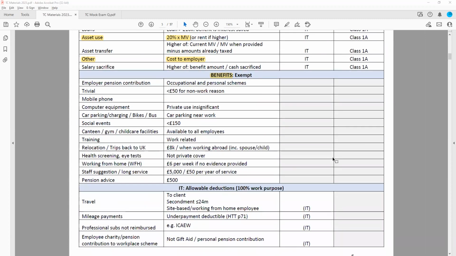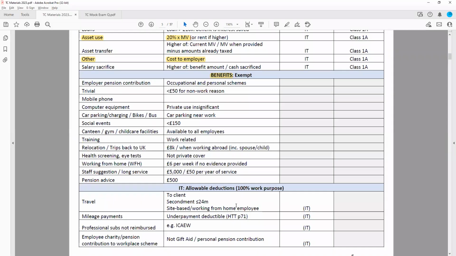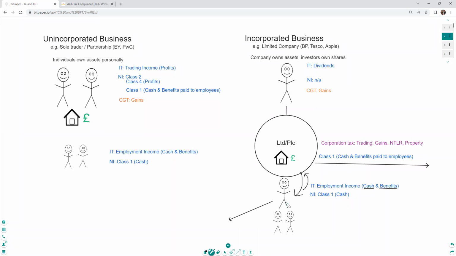And if the employee has expenses that they're paying out related to the employment, if it is wholly, exclusively, and necessarily for their employment, then yes, it can be deducted, but there are some specific rules around travel. So home to work travel is not included, unless they're site-based or a working from home employee. And then things like professional subscriptions, again, that's something the employee would have to incur in order to do their job.